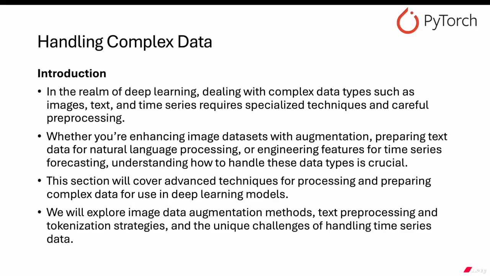This section will cover advanced techniques for processing and preparing complex data for use in deep learning models. We will explore image data augmentation methods, text preprocessing, and tokenizing strategies, and the unique challenges of handling time series data.